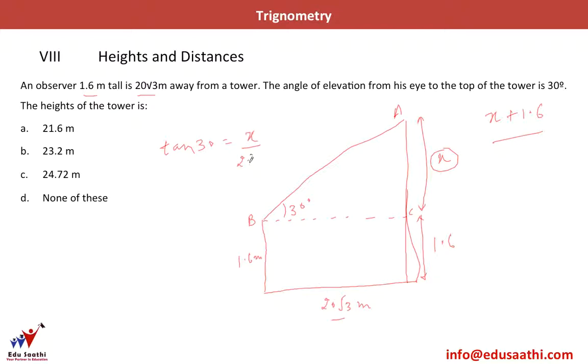So tan 30 is what? 1 by root 3 is equal to x by 20 root 3. So root 3 and root 3 cancel out. I have x is equal to 20. Now what is the height of the tower? 20 plus this 1.6 here. So my final answer is 21.6. So this is my final answer.